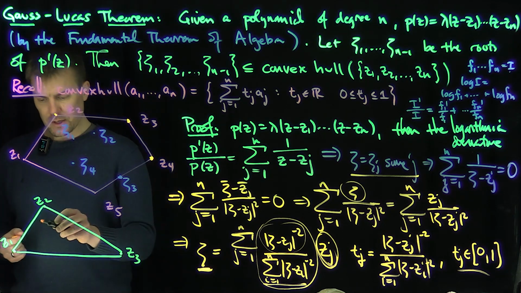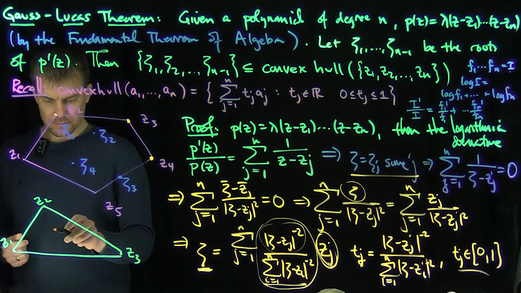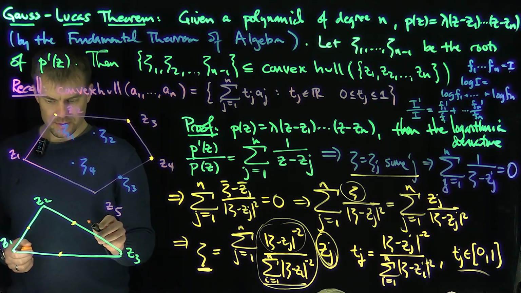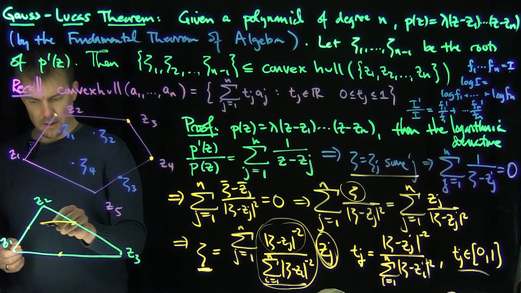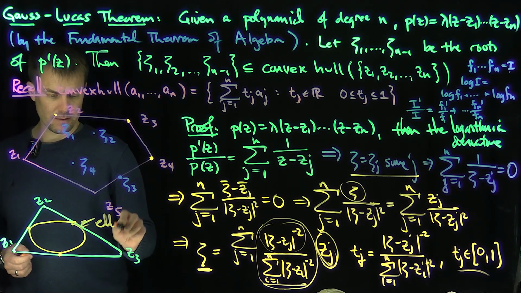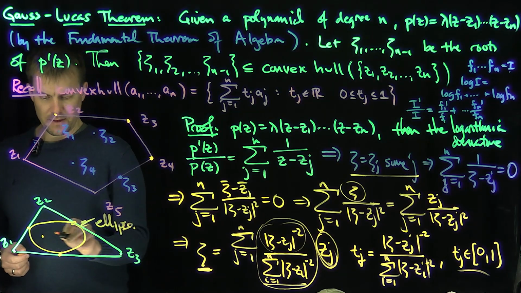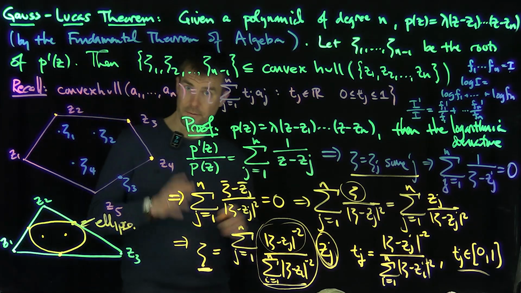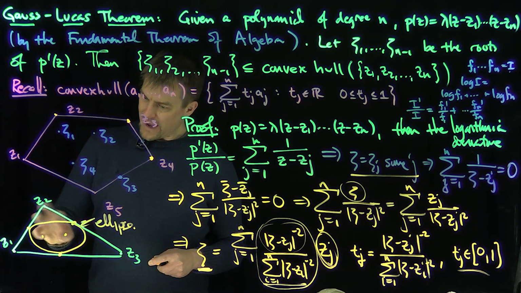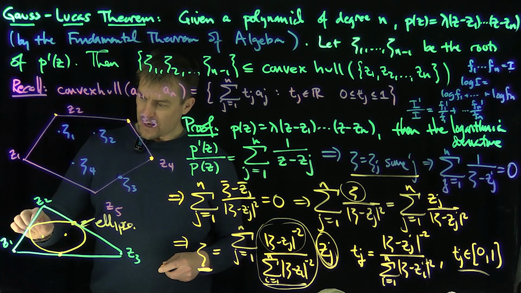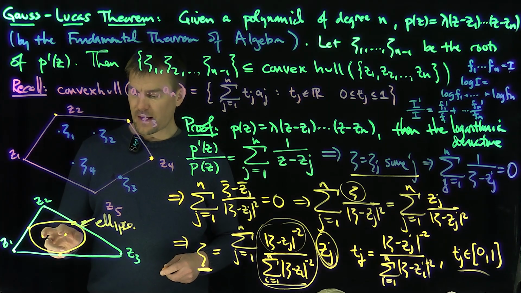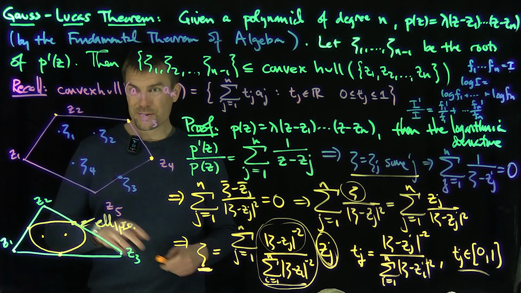It turns out that through the midpoints, midpoint, midpoint, midpoint, there is a unique ellipse. My ellipse is terrible over there. This ellipse is inscribed in the triangle, it passes through the midpoints of the sides of that triangle, and the foci of that ellipse are the roots of the derivative.